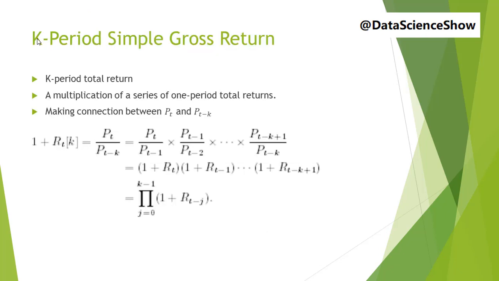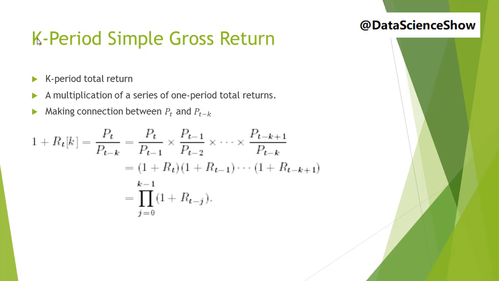We can use the equation we just learned to develop the K-period simple growth return. Simply speaking, it's a multiplication of one period simple growth return for K days. The equation on this slide shows everyone how to calculate the K-period simple growth return. Notice that bracket K does not represent a subscription.